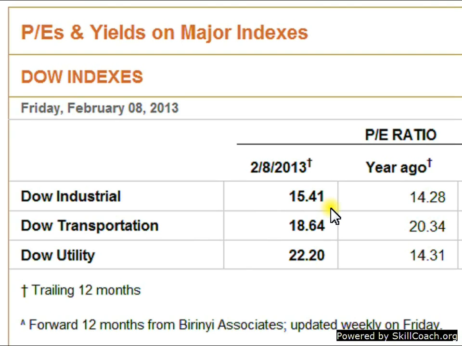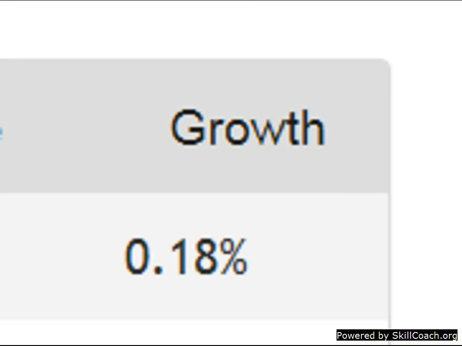Keep in mind, GDP levels are expected to contract in 2013, and the already weak growth rate of the Dow Jones Industrial Average can get worse.